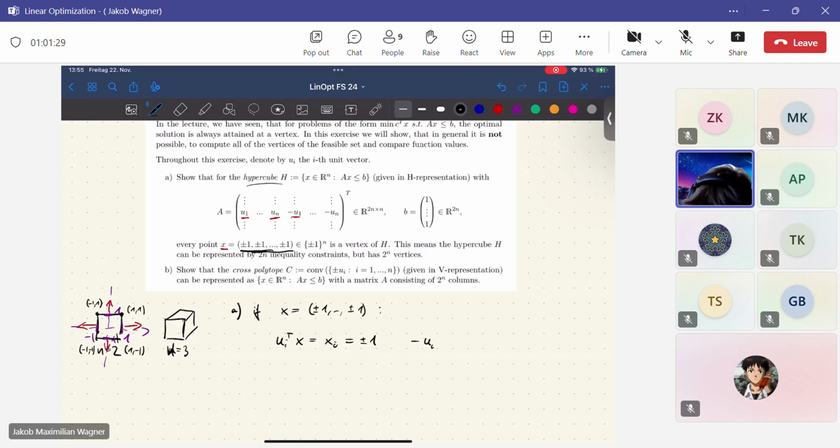And we have that minus the ith unit vector times x is -x_i, which is then, depending on what you chose earlier, the flipped sign, so either minus or +1. So we know that this is less or equal 1, and this is also less or equal 1, so we know that x is feasible.